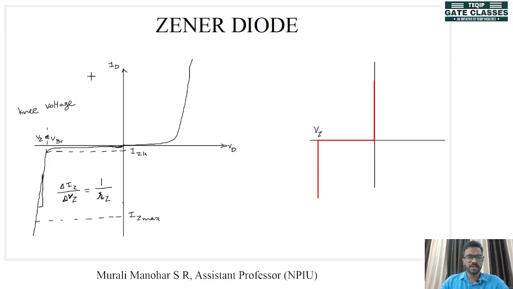Now I told you about this IZ max. This IZ max corresponds to the maximum power that can be dissipated in the Zener diode, and this maximum power PZ max will be equal to the Vz value into IZ max.